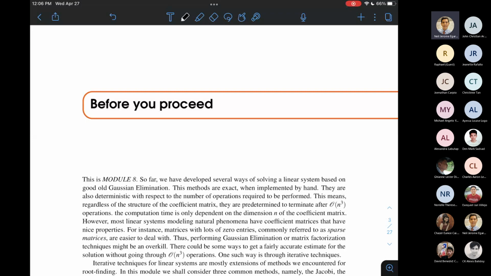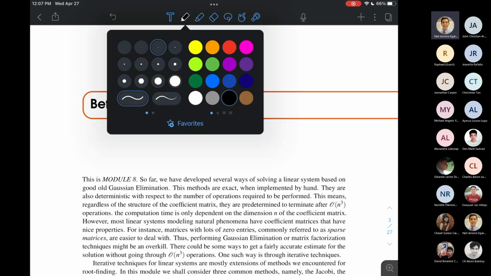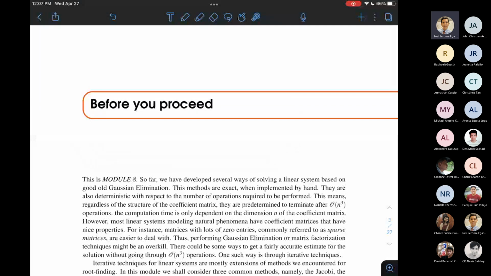So, going back to our topic. So, yung mga methods na diniscuss natin last time, yung factorization methods, they are direct and they are deterministic. However, minsan may mga matrices kasi na hindi kailangan nating i-perform yung ganong karaming operations just to get a nice estimate for our solution. All right? Especially yung mga tinatawag natin halimbawa mga sparse matrix. Yung mga sparse matrix, sila yung mga matrices na maraming zeros yung entries nila.